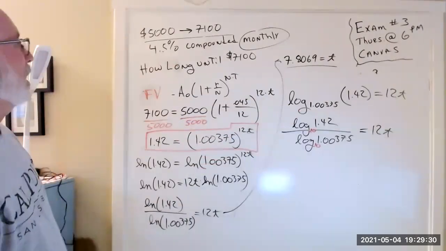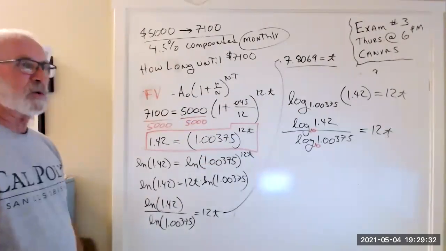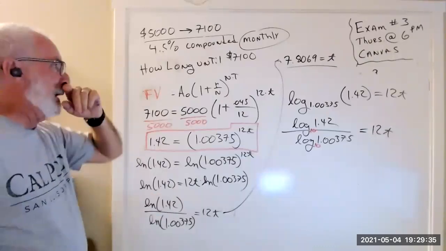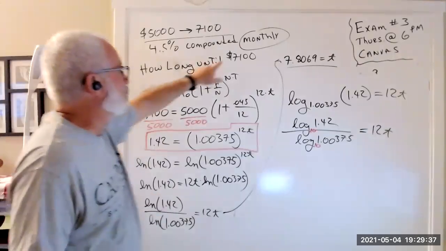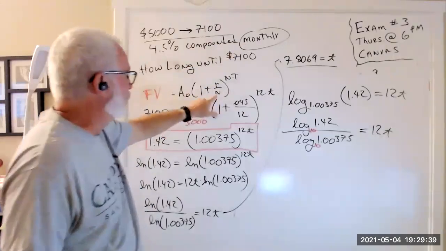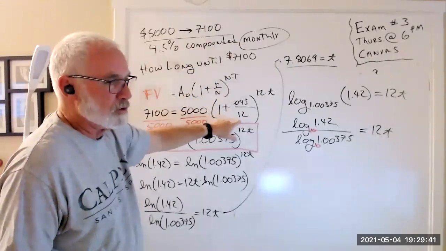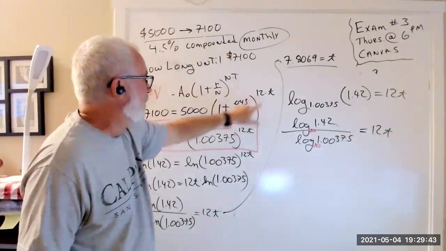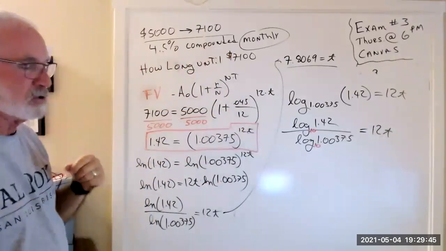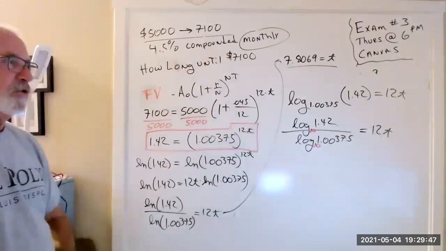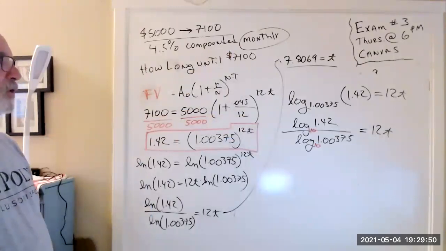So anyway, Vince asked this one before class, and I did it for him, only he was compounded quarterly, so that meant n was 4, because there's 4 quarters in a year, whereas we did it monthly, and it was 12. Questions? This was a missed problem on the quiz.